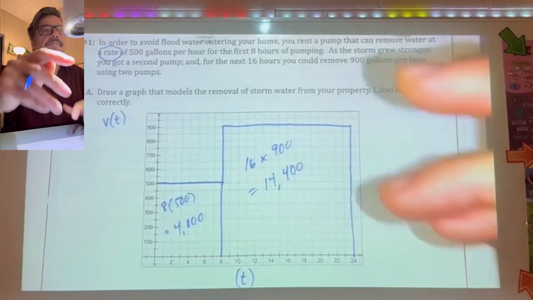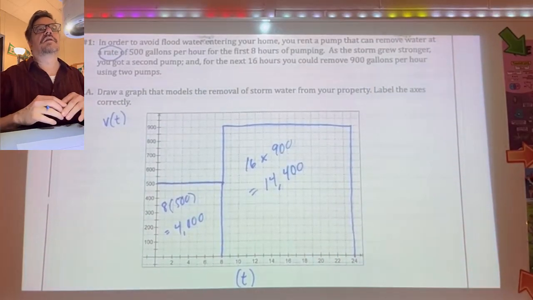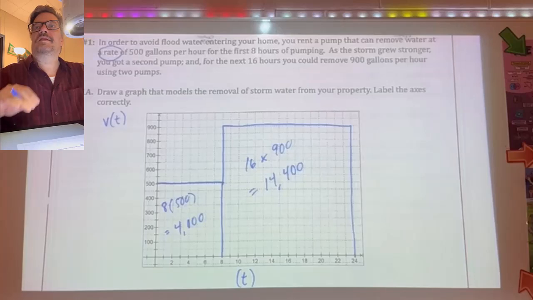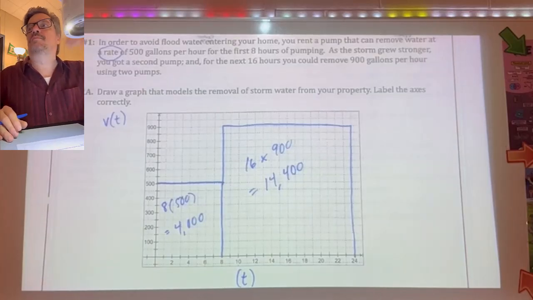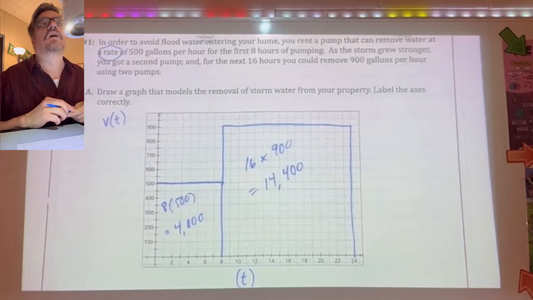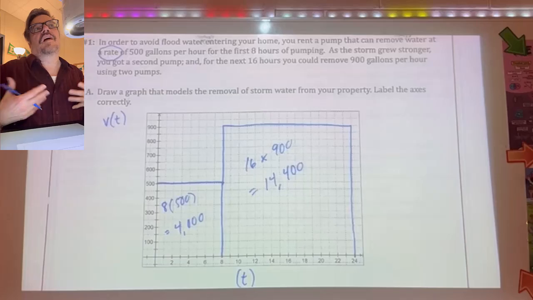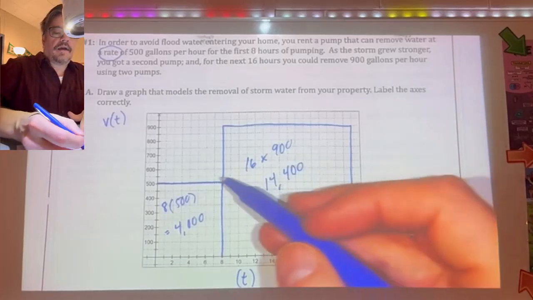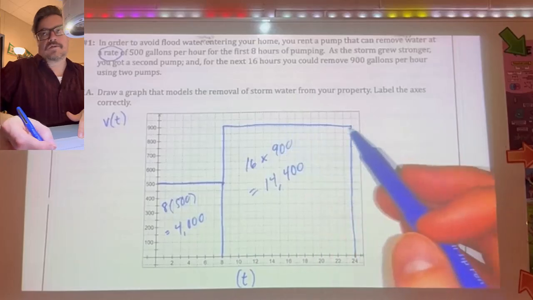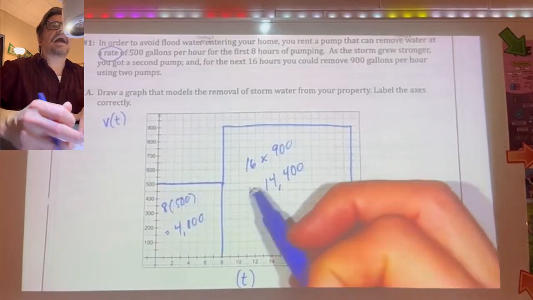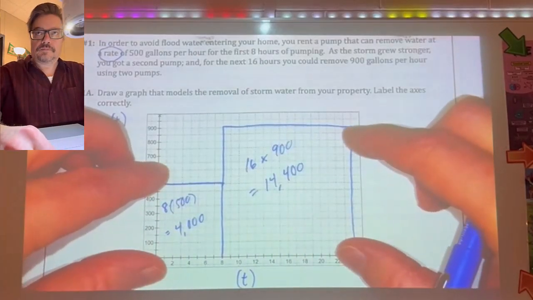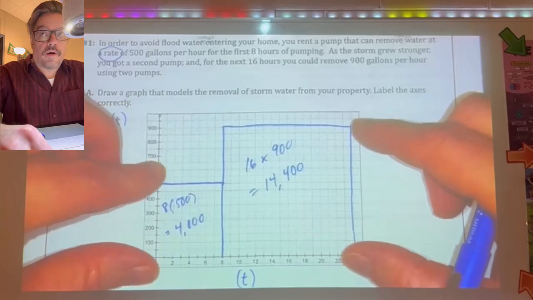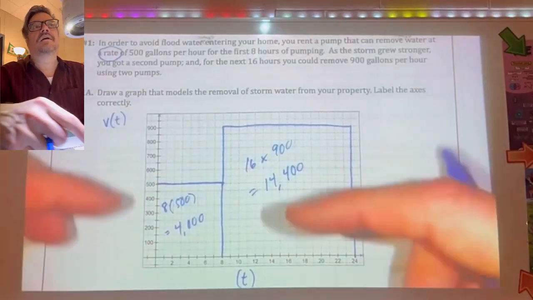Okay. All right, so does that make sense that this represents how much water was pulled out from the pumps? So what we've got here is finding the area underneath the curve, which is really boxes. We actually were able to figure out the amount of water that was pulled out given a rate.